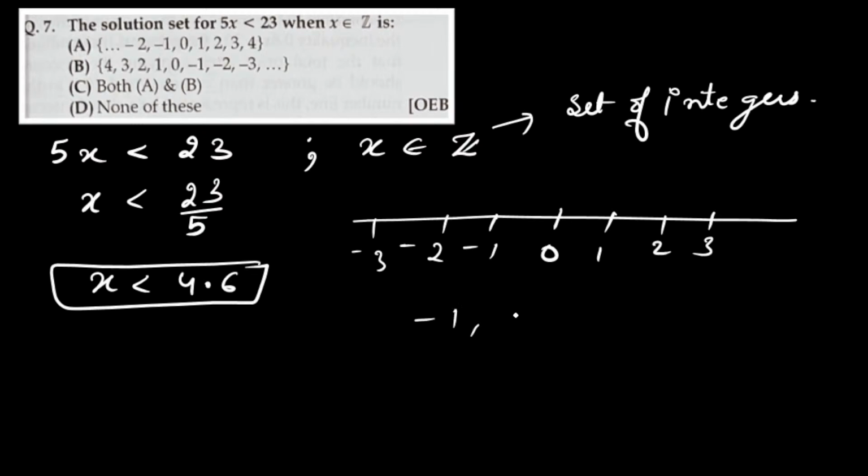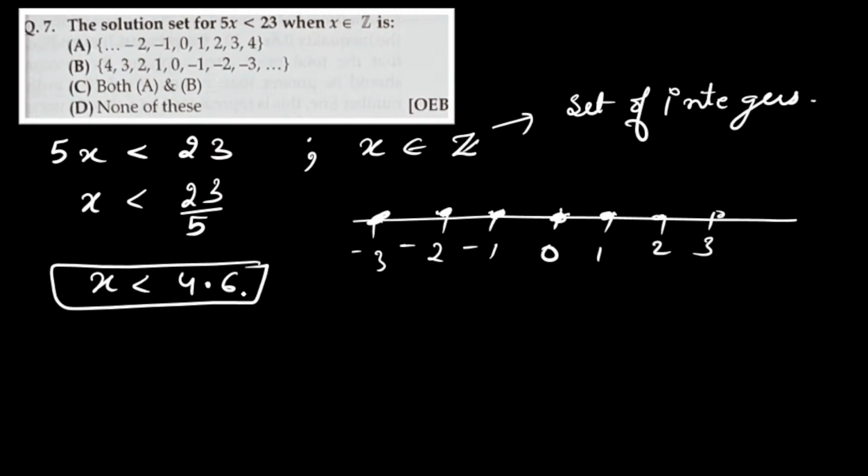So -1, +1, 0, +2, -3. So all positive as well as negative, excluding decimals. So these are the integers. So here -3 is an integer, -2 is an integer, -1, 0, 1, 2, 3. Yes, positive and negative numbers including 0 are integers.